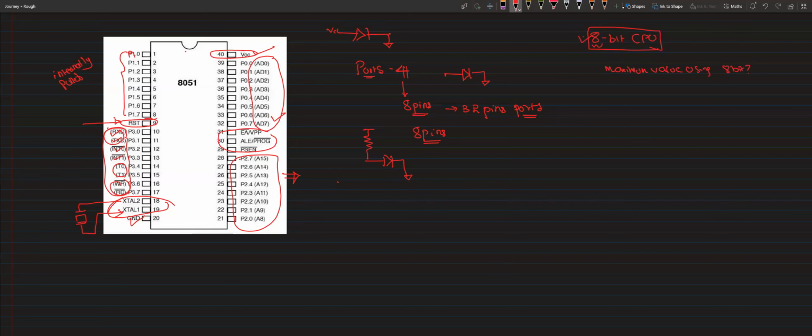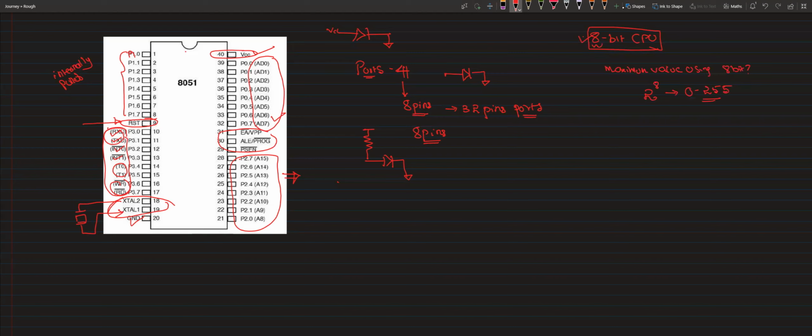Whenever I say any number of bits, the maximum value I can have using that number of bits is 2 power that many bits. So 2 power 8, that is 0 to 255. This is the maximum value I can operate on in the 8051.